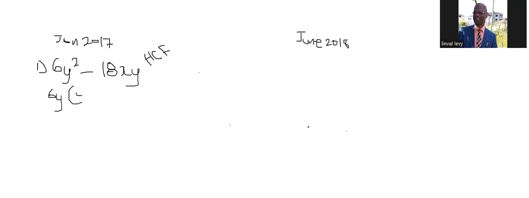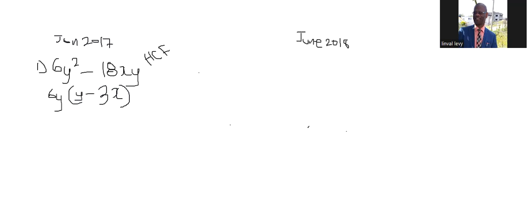Remember, y squared is y times y. We cancel out, so minus, 6 into 18 is 3. And then y into xy would be x. The y is cancelled. So that's our answer: 6y times y minus 3x.